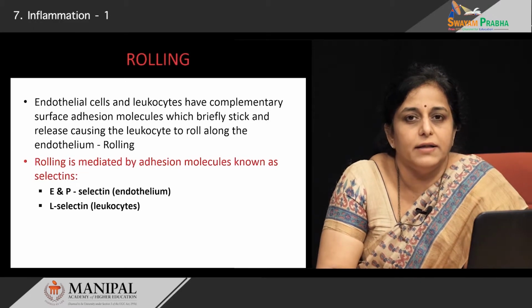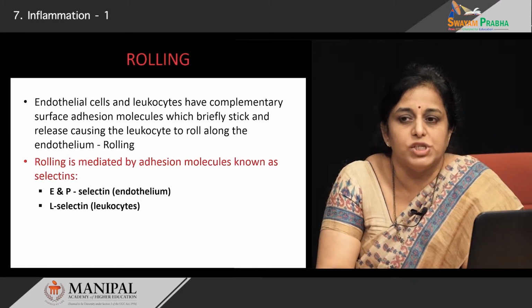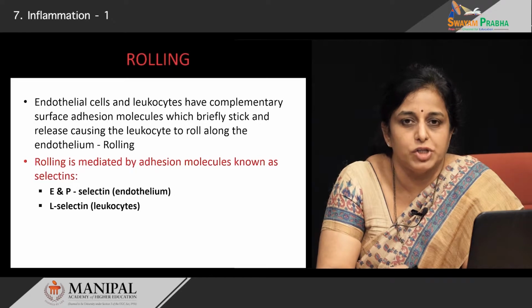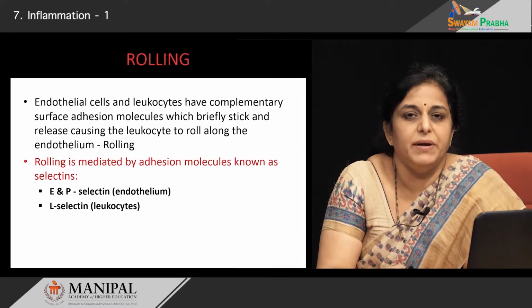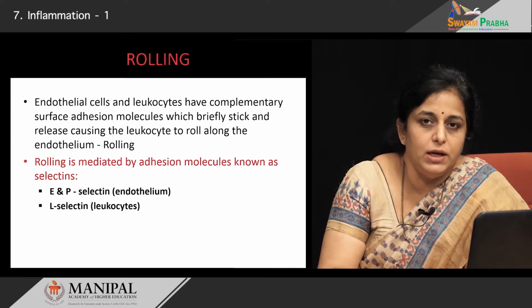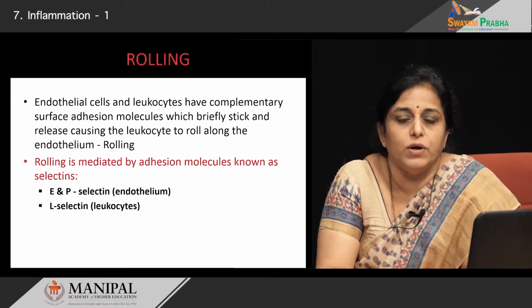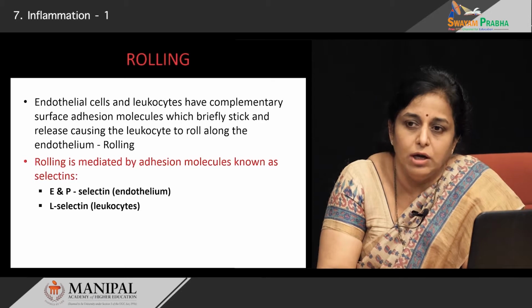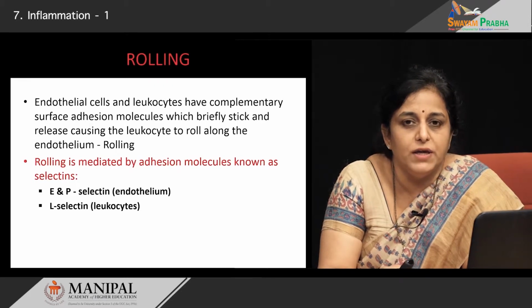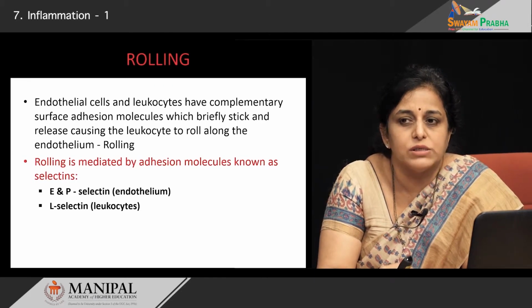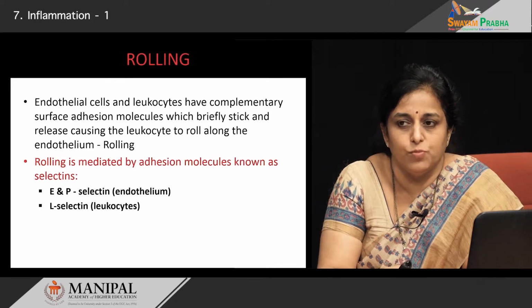Then we learnt that there is a process of rolling which happens because of the adhesion molecules, most importantly the selectins. E and P selectins present on the endothelial cells are complementary to L selectins present on the leukocytes. Binding of these two adhesion molecules causes weak adhesion which gets disturbed by the fast moving blood. So, this is rolling.